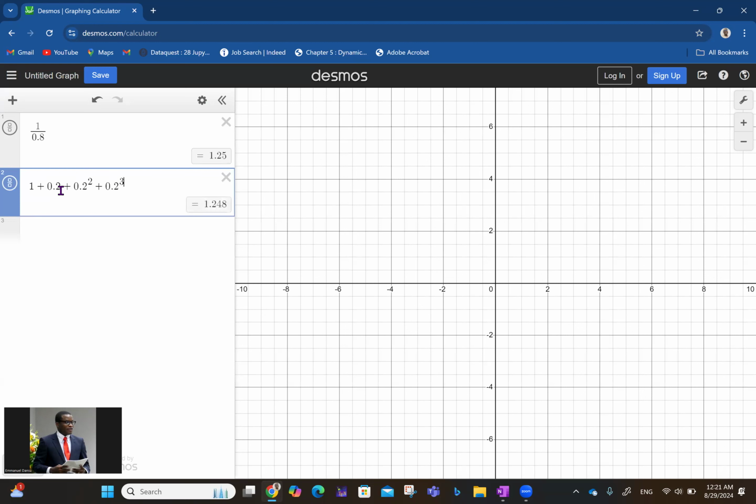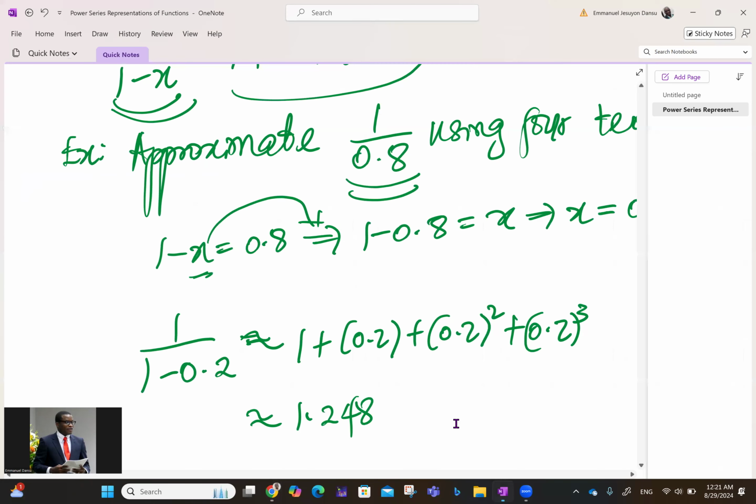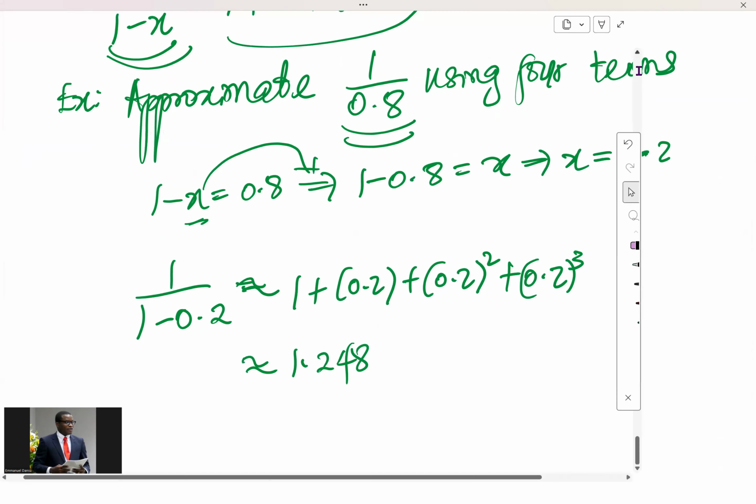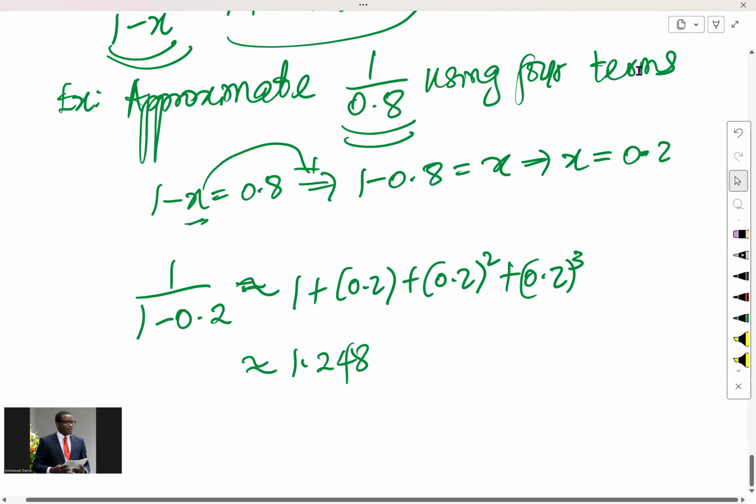That's 1.248. So you can go plus 0.2 raised to power 4, getting closer, and so on and so forth. So we can keep going. The more terms you have, the more accurate your results. Okay, so that is for the geometric series.